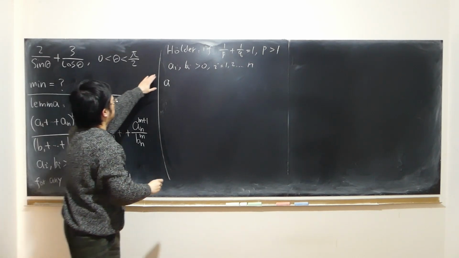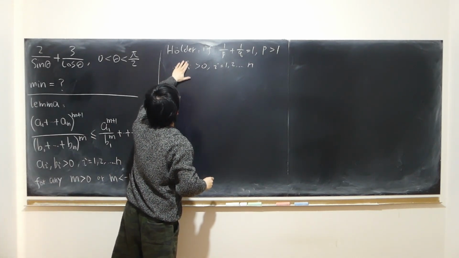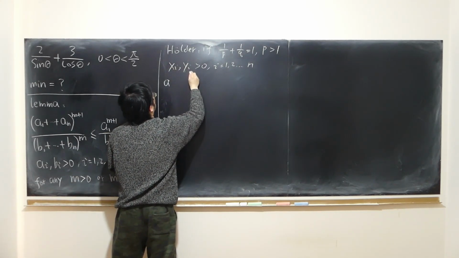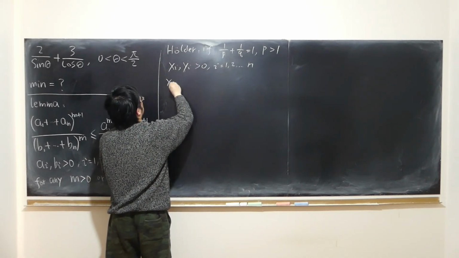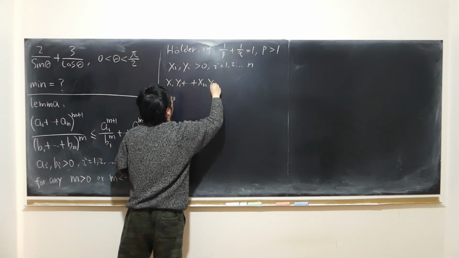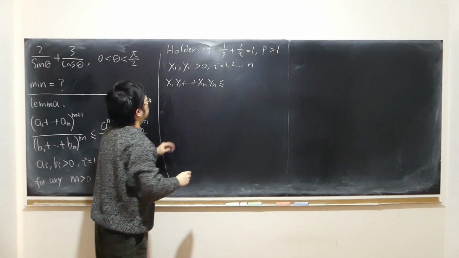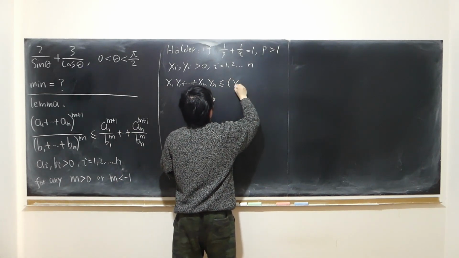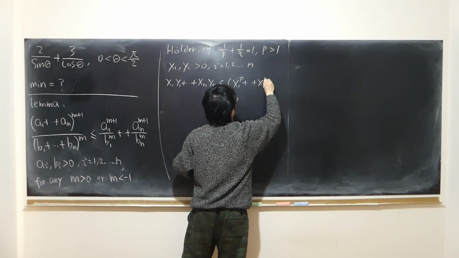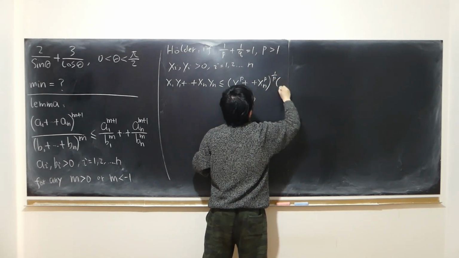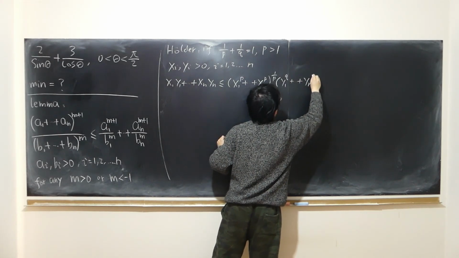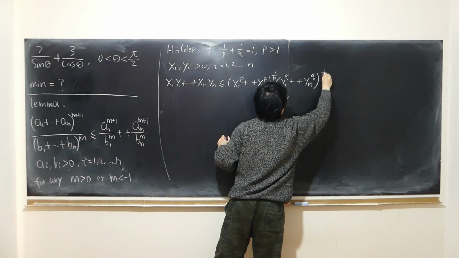in fact, let's use xi and yi, because here I already use a's and b's. So xi, yi, we always have x1 times y1 plus all the way to xn times yn is always less than or equal to x1 to the p plus all the way xn to the p, to the power of 1 over p, times y1 to the power of q plus all the way up to yn to the power of q, to the power of 1 over q.